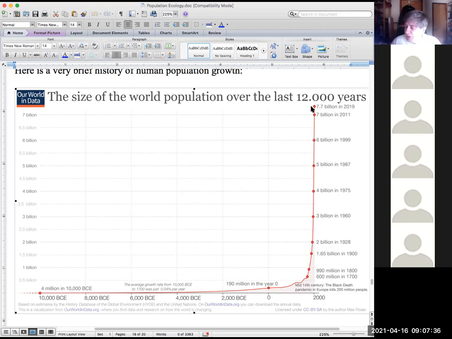One of the things that isn't clear is if the Earth can support 7 billion people at the current level of living that we enjoy in the United States.